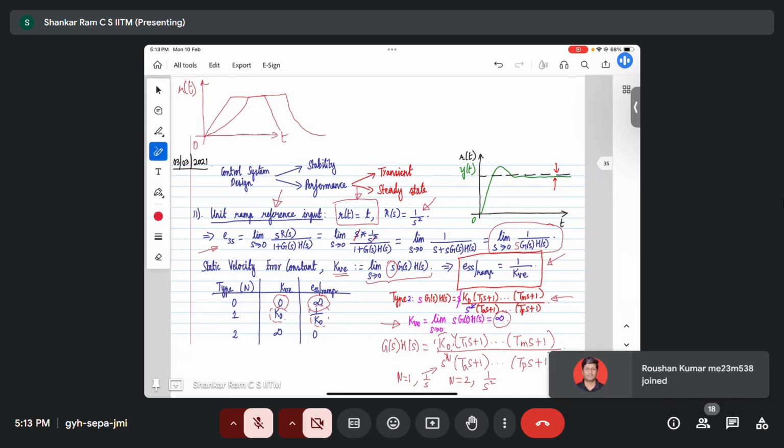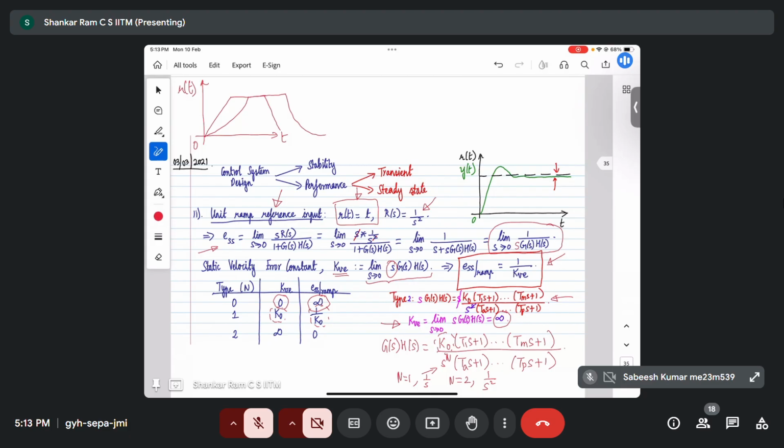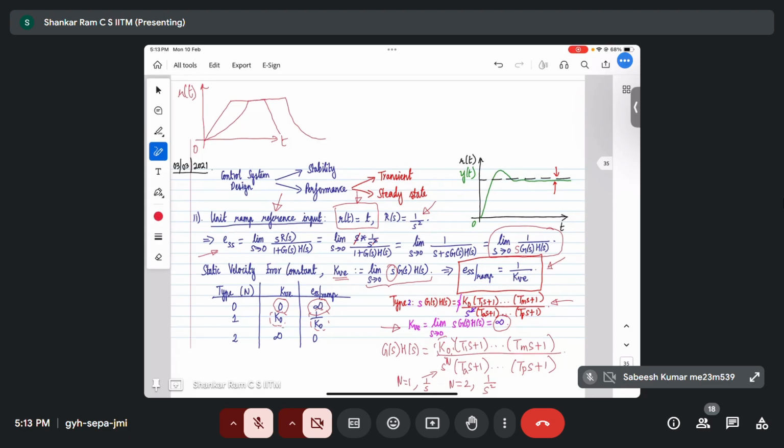So we take the limit s tending to 0 of s times G of s, H of s; the static velocity error constant will tend to infinity. Then we have the steady state error due to a ramp input tending to 0. In other words, if you and I want to guarantee 0 steady state error while tracking a ramp input, we want a type 2 system at the minimum.